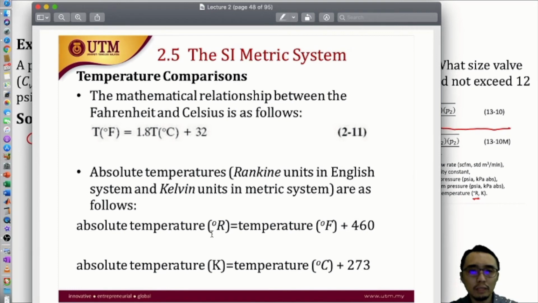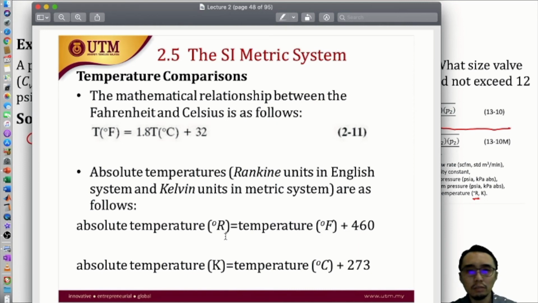Since we are given the temperature in Fahrenheit, it should be added by 460 to obtain the absolute temperature.